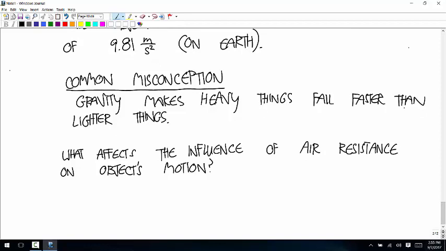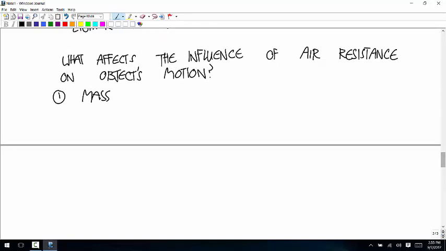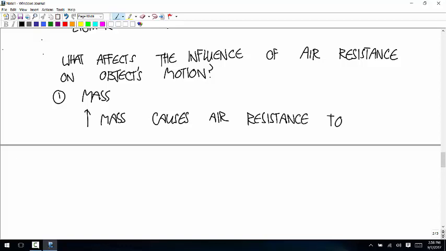Well, the first thing is the mass of the object. Increasing the mass of an object, without changing the other things that we'll talk about, causes air resistance to affect the motion less.